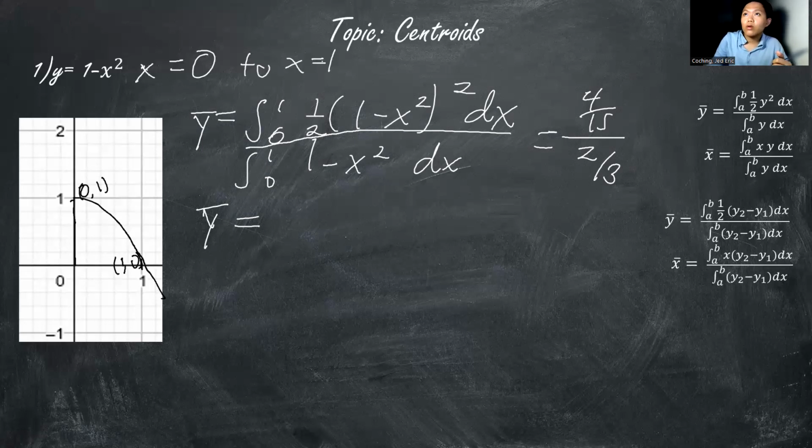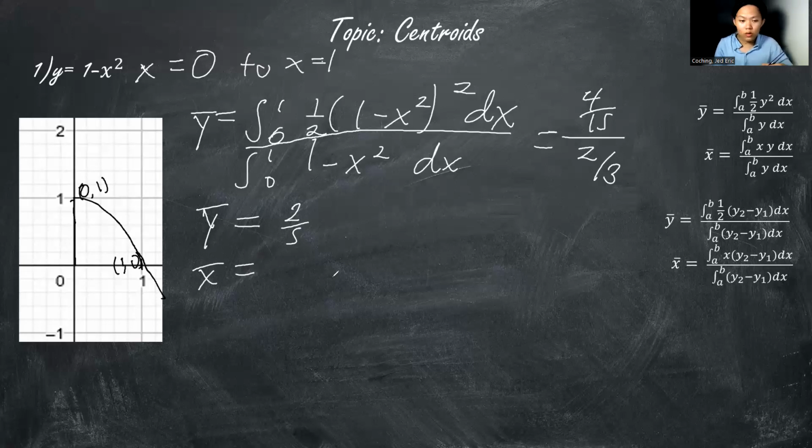If we input it on the calculator, no, that's 4/15, not 15/4. 4/15 divided by 2/3 is going to equal 2/5. So let's get the centroid of x.